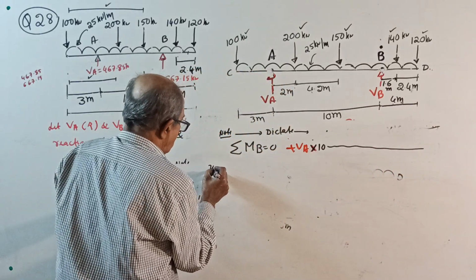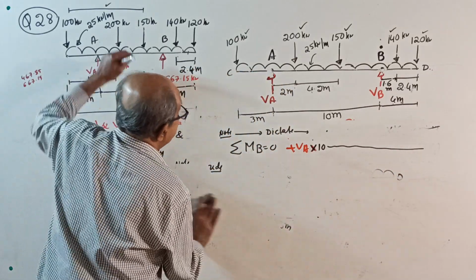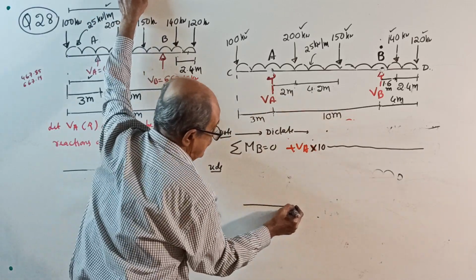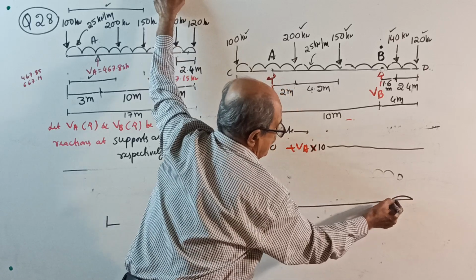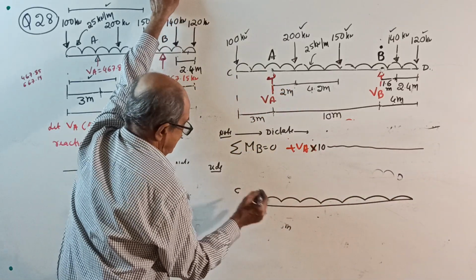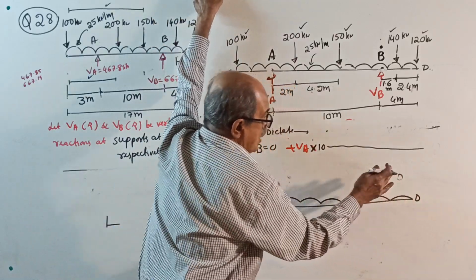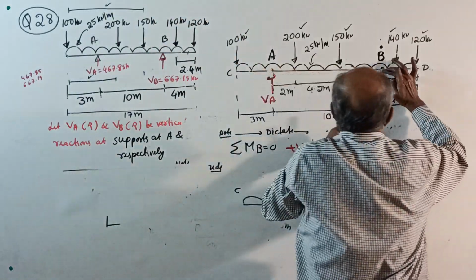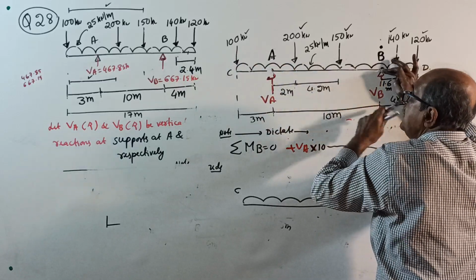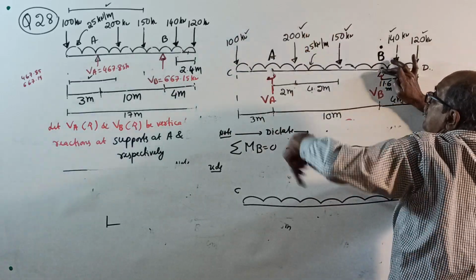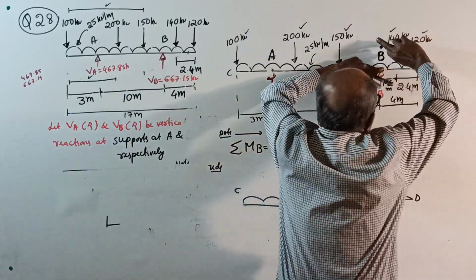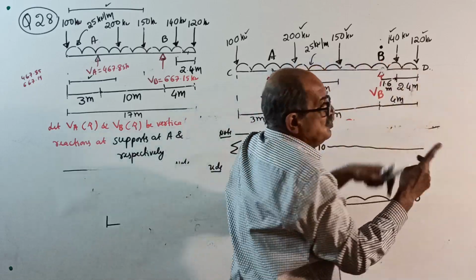When the time comes for UDL, what to do? See here. This is C. This is D. Actually, what you have done earlier is, you have done UDL from C to B for 13 meter length: 25 into 13 by 2 anti-clockwise and 25 into 4 by 2 clockwise.